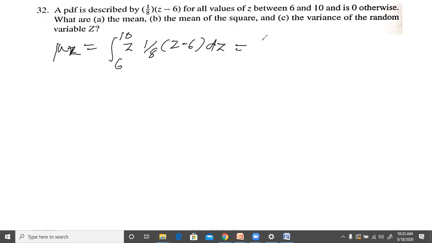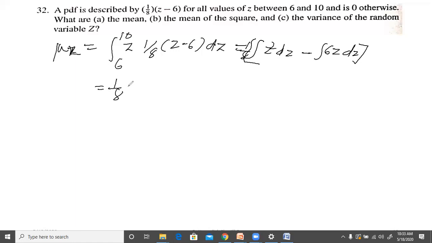I'll take 1 by 8 out totally, so I'll write a bracket here. Then it will become the integral of z square dz minus the integral of 6z dz, right?